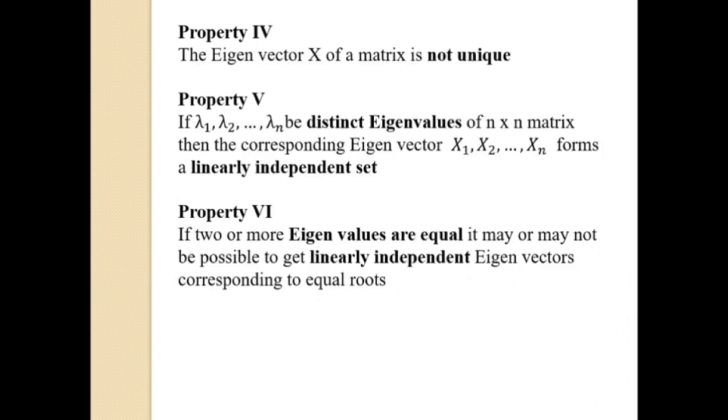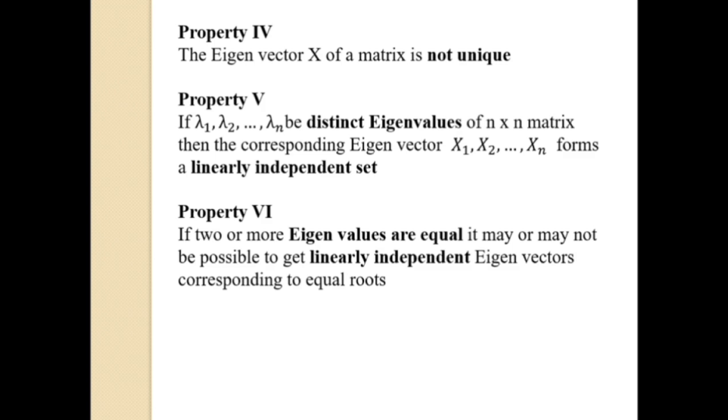Property 4. The eigenvector of a matrix is not unique. Property 5. If lambda 1, lambda 2, up to lambda n are distinct eigenvalues of an n cross n matrix, then the corresponding eigenvectors x1, x2, up to xn form a linearly independent set.